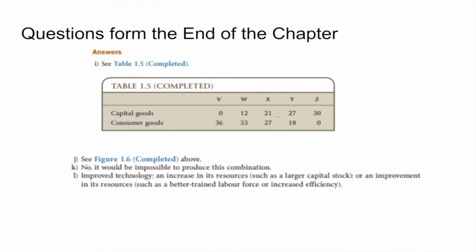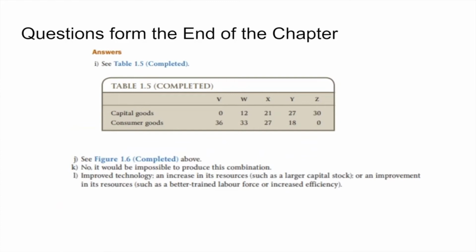So 24 is 1, 2, 3, which is halfway. And 27, so this would be halfway. So if it's a difference of 9, that's 4.5. So that's really 22.5.